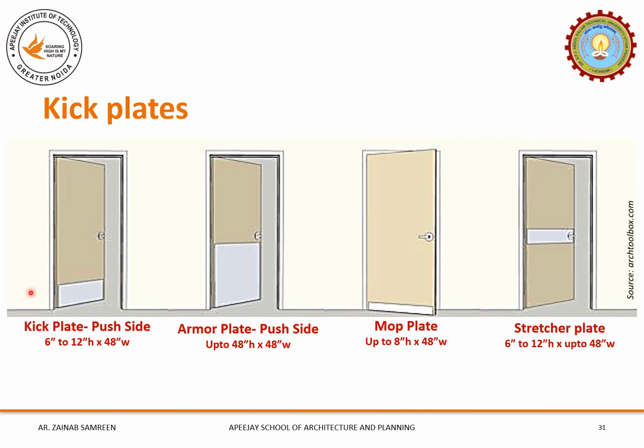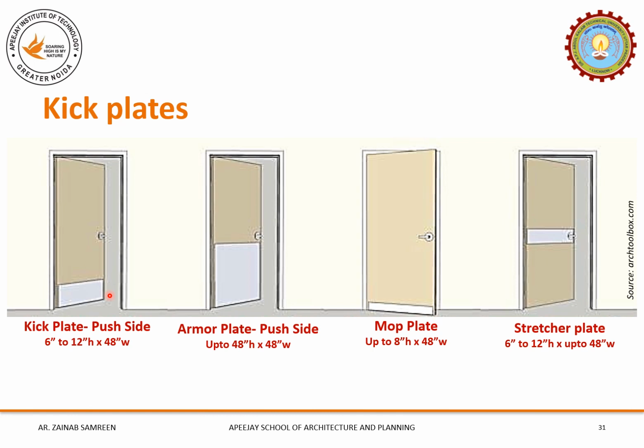The first one is the kick plate, which is a push side plate, and the height of this plate varies from 6 inches to 12 inches, and the width of this plate will be equal to the width of the door minus 2 inches. They are used where a door may be pushed open with a foot.